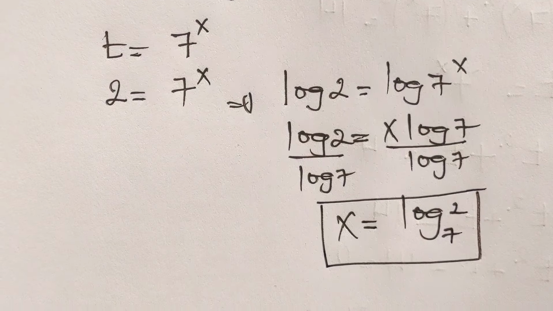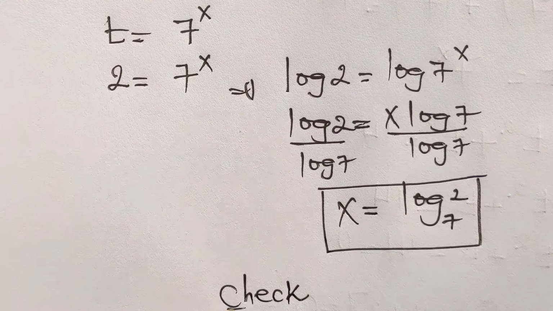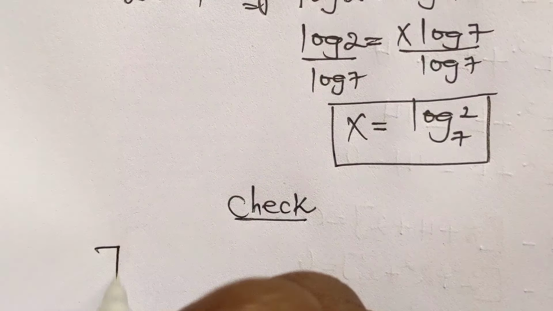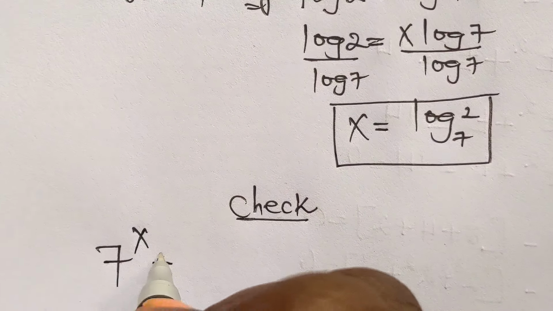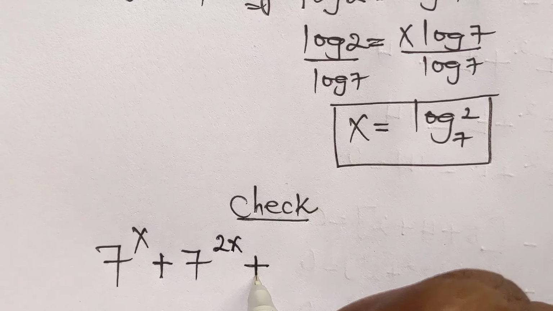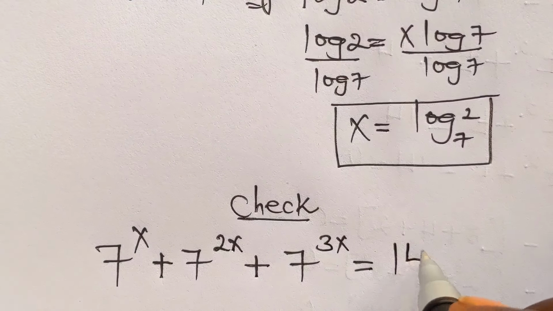Okay, and we have to check if our answer is correct. Okay, we have given 7 power x plus 7 power 2x plus 7 power 3x equals 14.